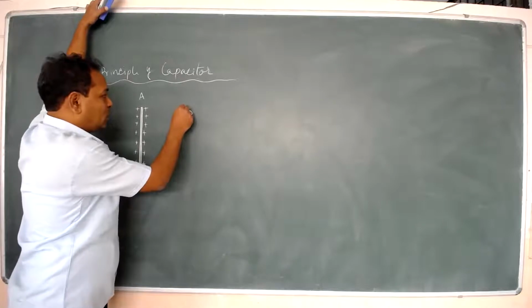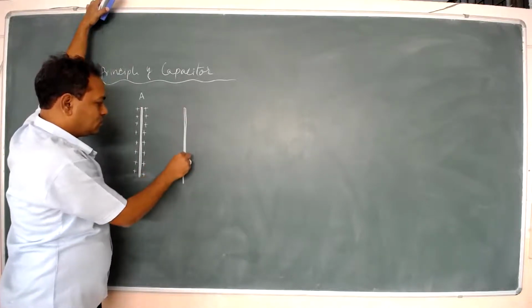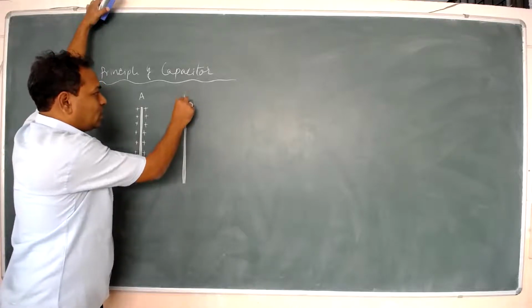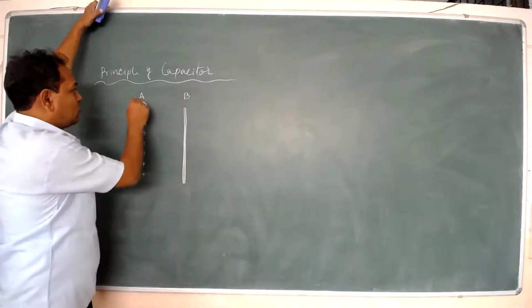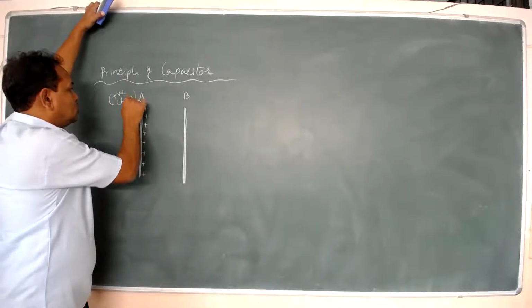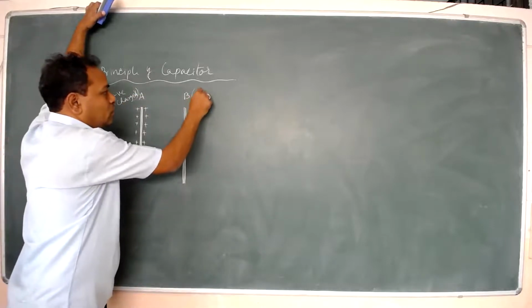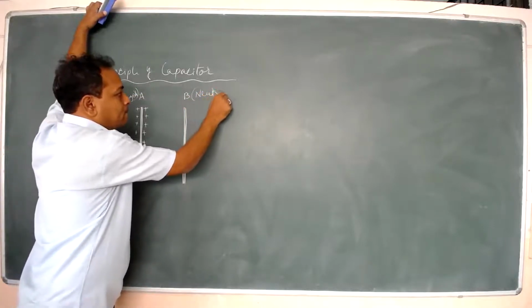Suppose I am taking another conductor B, which is neutral.